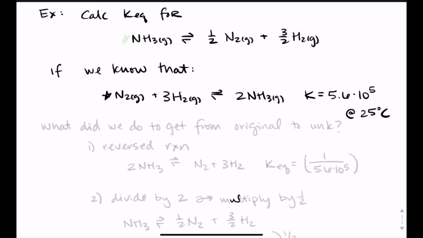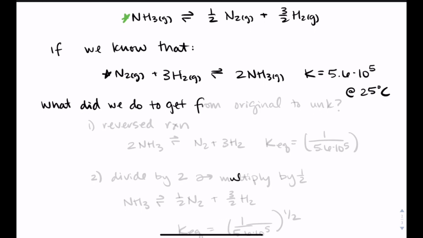So if you can figure out how to get from the original reaction to the target or the unknown reaction, then you will know what to do to the equilibrium constant value to find the new equilibrium constant. One, my NH3 is on opposite sides for these two. So one of the things to go from the original to the target is that the reaction had to be reversed.